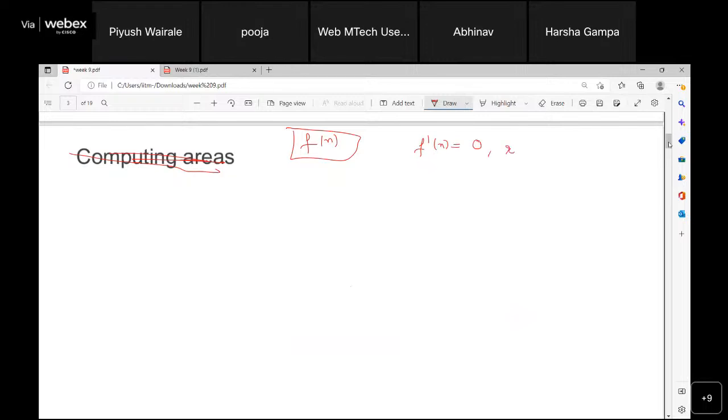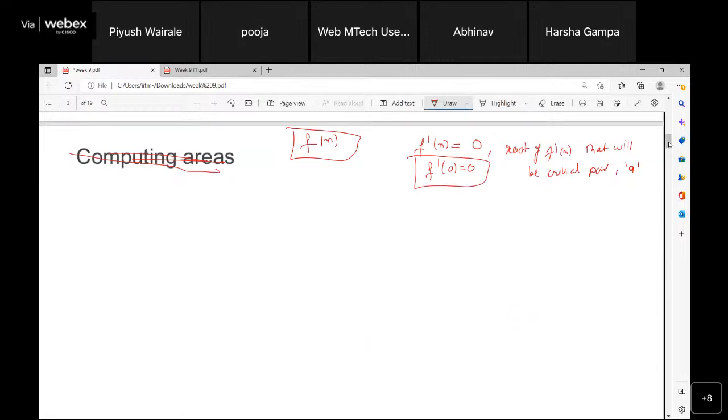The roots of f dash of x will be my critical points. Now say A is the particular point where I get f dash of A equals 0. This is one of the roots of this equation.